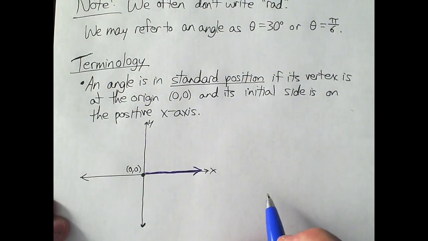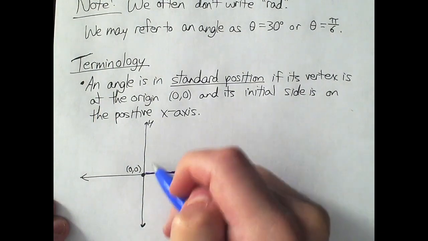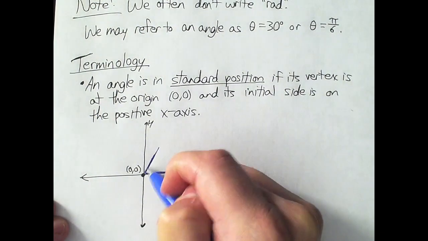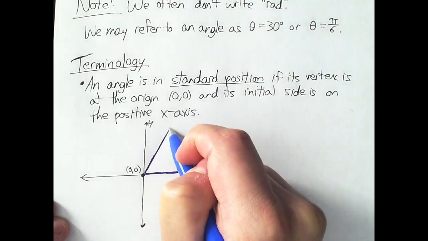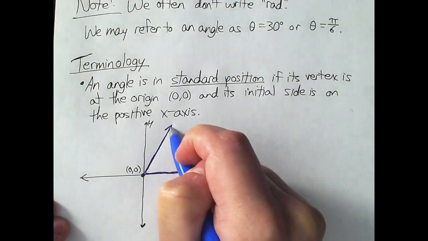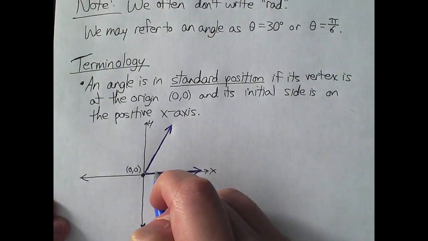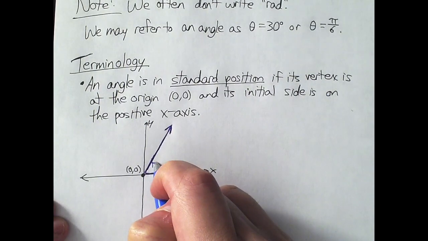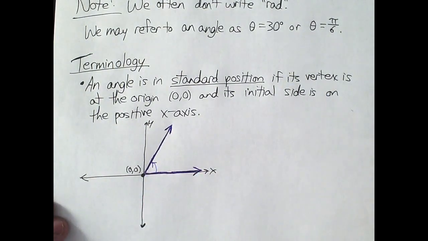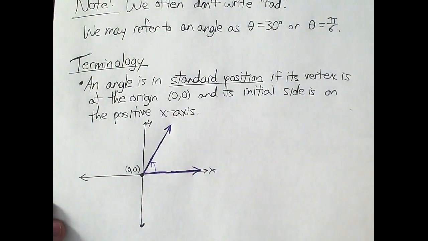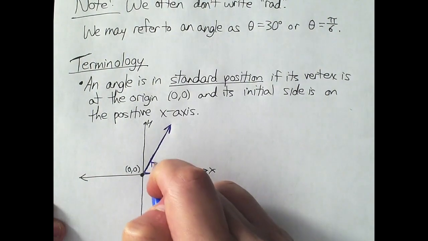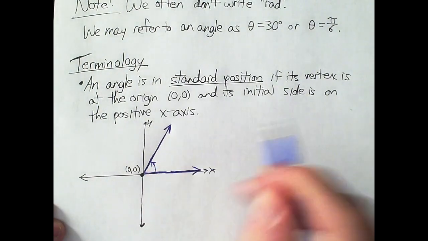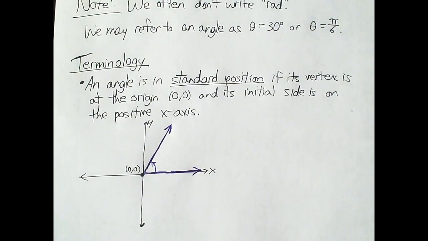And it needs some other ray, which might be called R2. And we think of this rotation like this. We would say that this angle, that's a little curved arrow that I drew, is in standard position.